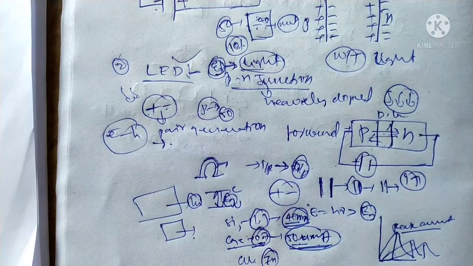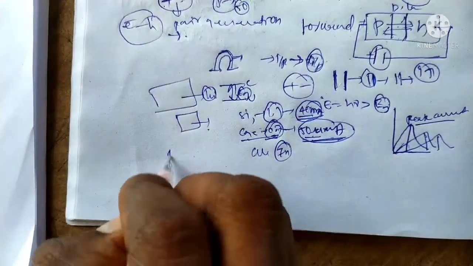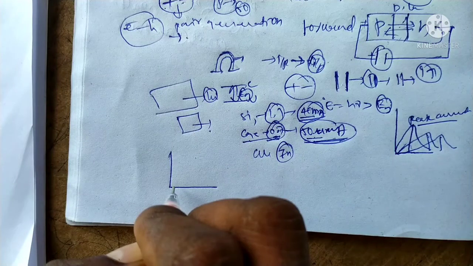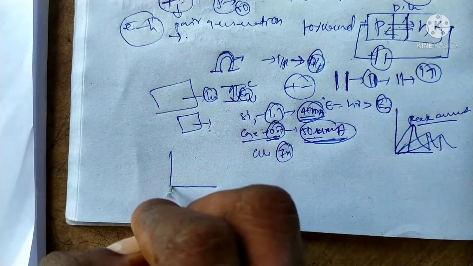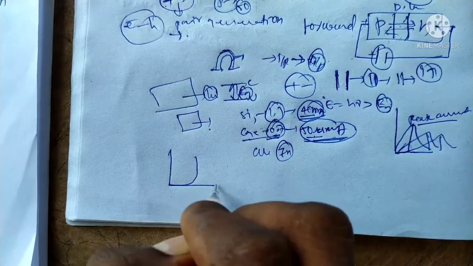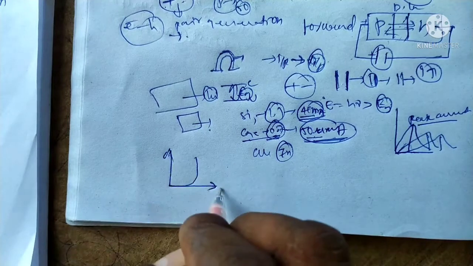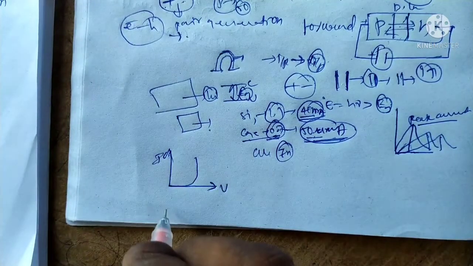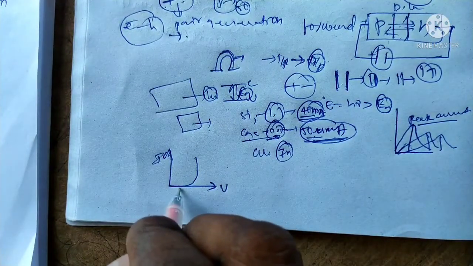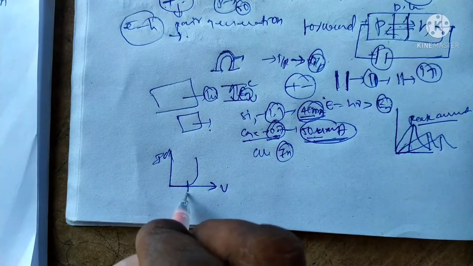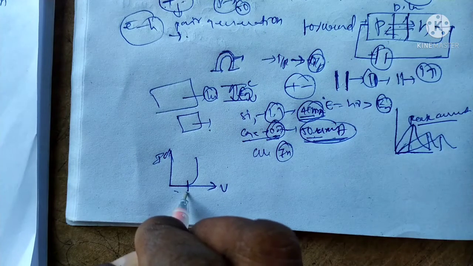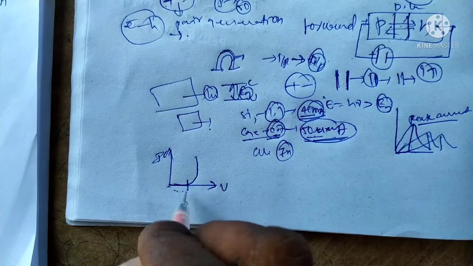That is the VI characteristics of the laser also. It is similar, a phenomenon like the LED. You can draw the voltage versus current characteristics of the LED. As the voltage increases, up to a certain voltage the current will be 0. After a certain voltage the current starts.